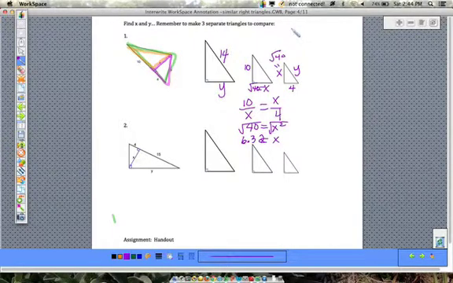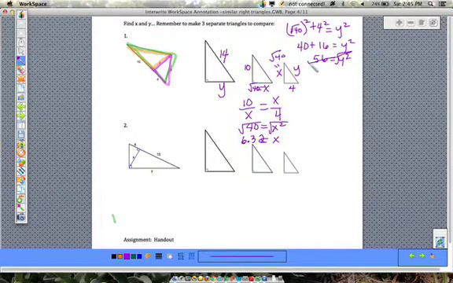So we would say the square root of 40 squared plus 4 squared equals y squared. Go ahead and solve: the square root of 40 squared is the square root of 40 times itself, so 40. Oh, sorry, that's a 4. So 4 squared is 16. So 40 plus 16 is 56, which equals y squared.